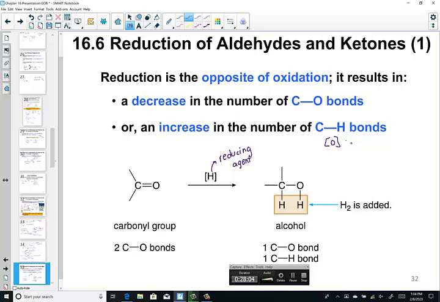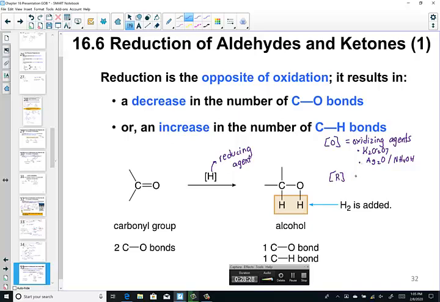So keep in mind, oxidizing agents, and we've given you some examples, such as potassium dichromate, or a second oxidizing agent, Tollens reagent. Those are 2 examples of oxidizing reagents.